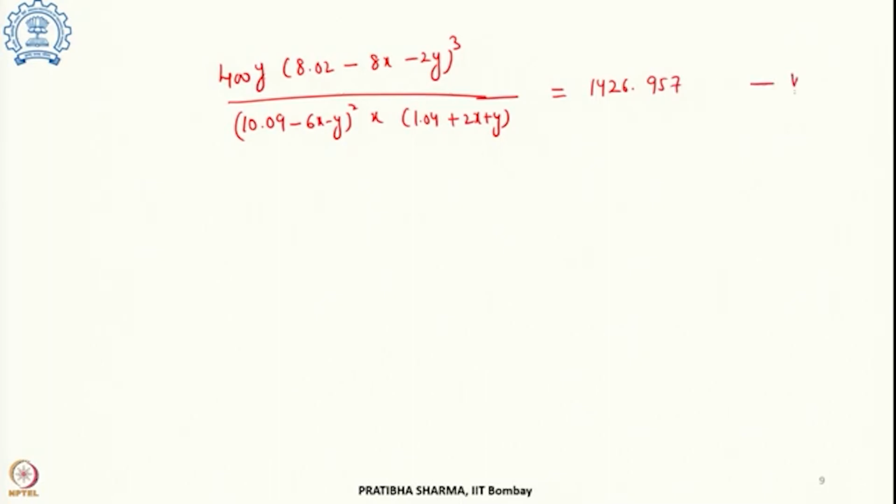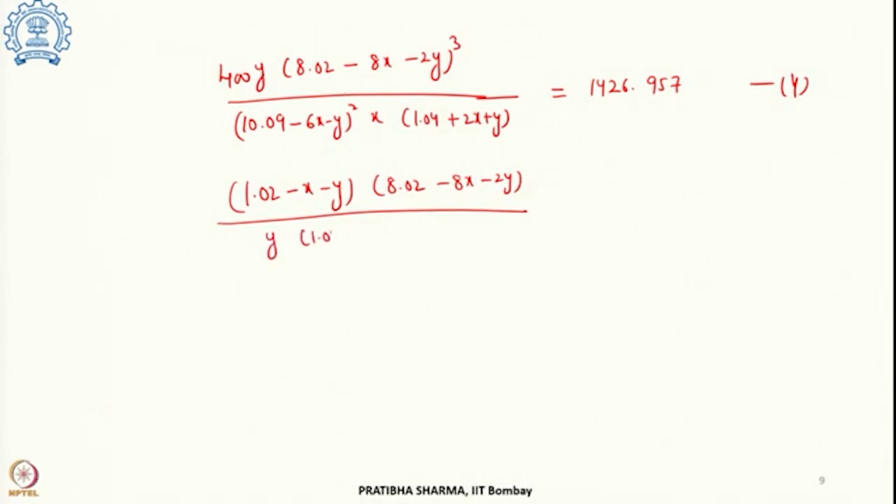This is equation number 4 rewritten here. Then (1.02 minus x minus y)(8.02 minus 8x minus 2y) divided by y times (1.04 plus 2x plus y) is equal to 0.7901. That is again equation number 5 being rewritten.